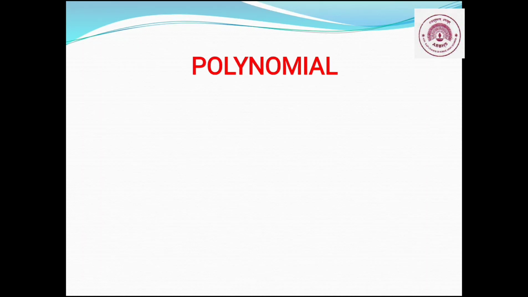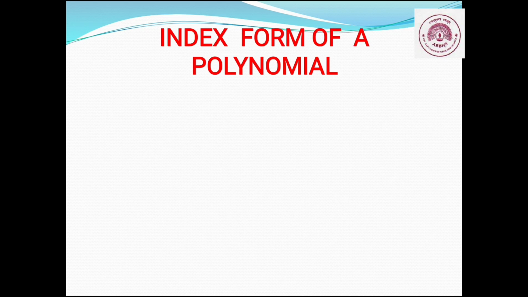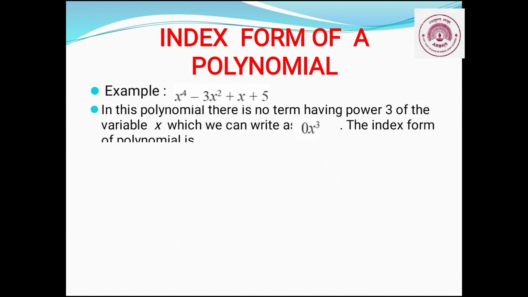Index form of a polynomial. Let's understand this with an example. In polynomial x raised to power 4 minus 3x square plus x plus 5, there is no term having power 3 of the variable x, which we can write as 0x cube.